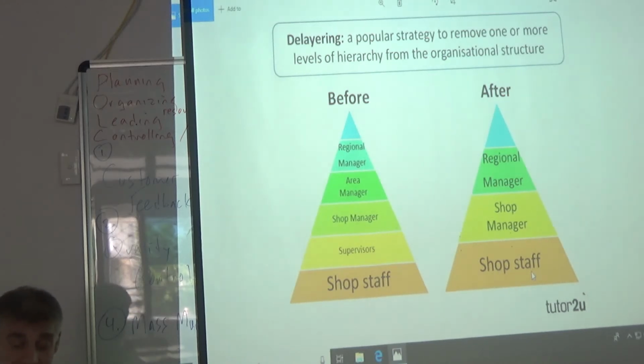Offering contracts to other companies who are not part of the organization to complete parts of the job, parts of whatever it is. It doesn't matter if it's a departmental function, an administrative function, a market research function, a production and distribution function, it does not matter. All of that is outsourcing.